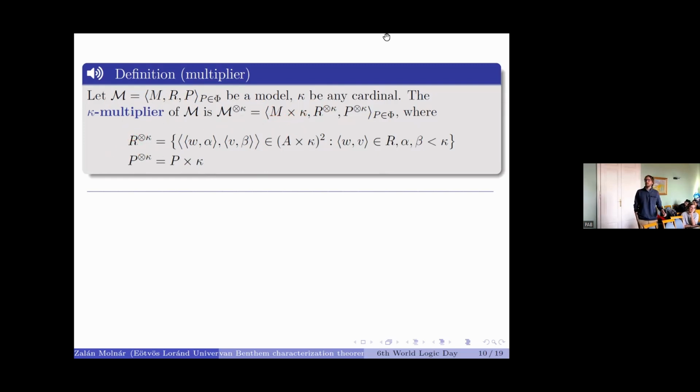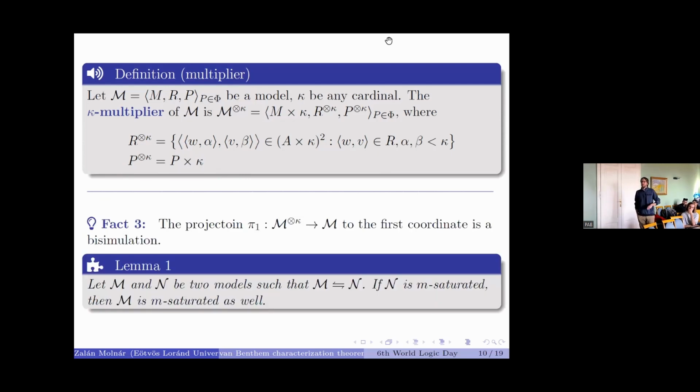The relation is defined in such a way that two elements are related if and only if they are related in the original structure, and the other coordinates are quite lazy, because for arbitrary choices, you can put your favorite cardinal, and it will be already related. As for the unary predicates, the extension will be the extension of P cross kappa. And again, the projection to the first coordinate is a bisimulation. So the kappa multiplier of M and M are bisimilar.